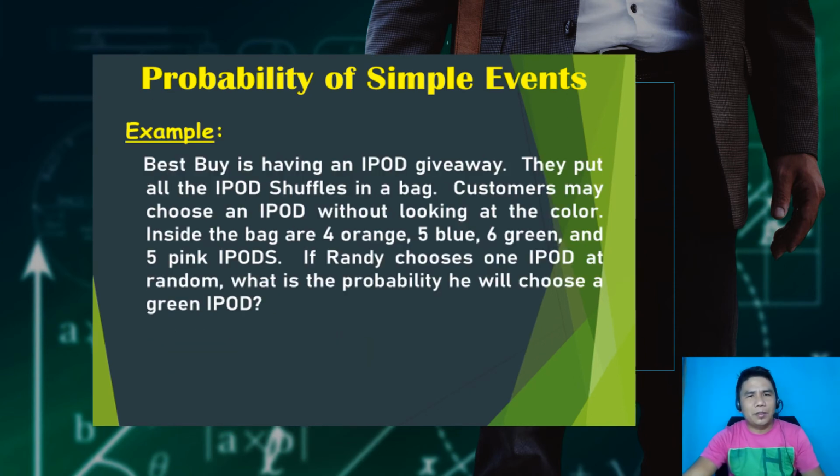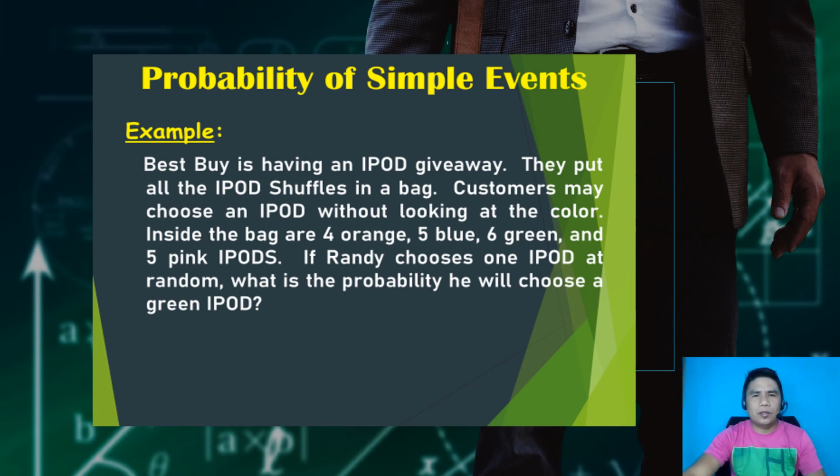So here's an example. You might encounter a similar problem to this one, so you'll be able to solve it the same way we solved it. For example, Best Buy is having an iPod giveaway. They put all the iPod shuffles in a bag.